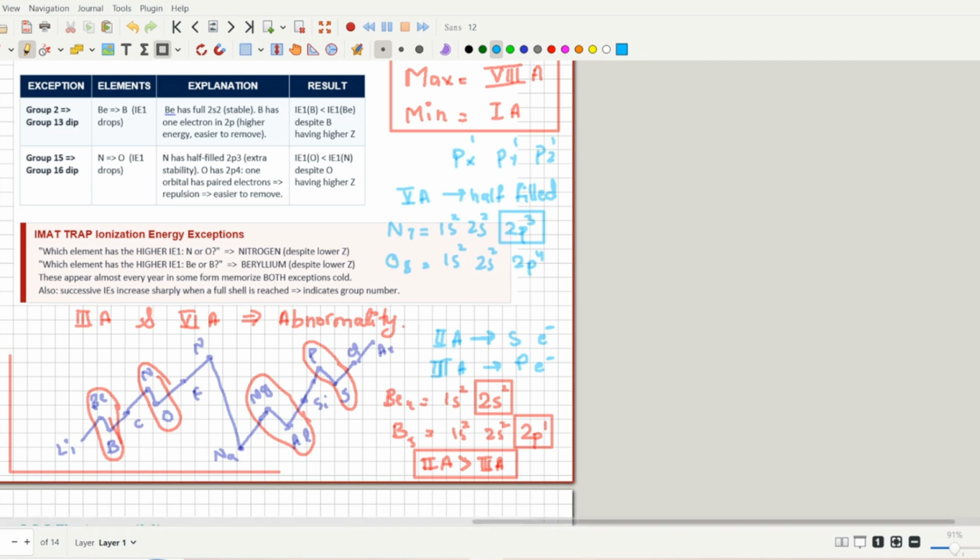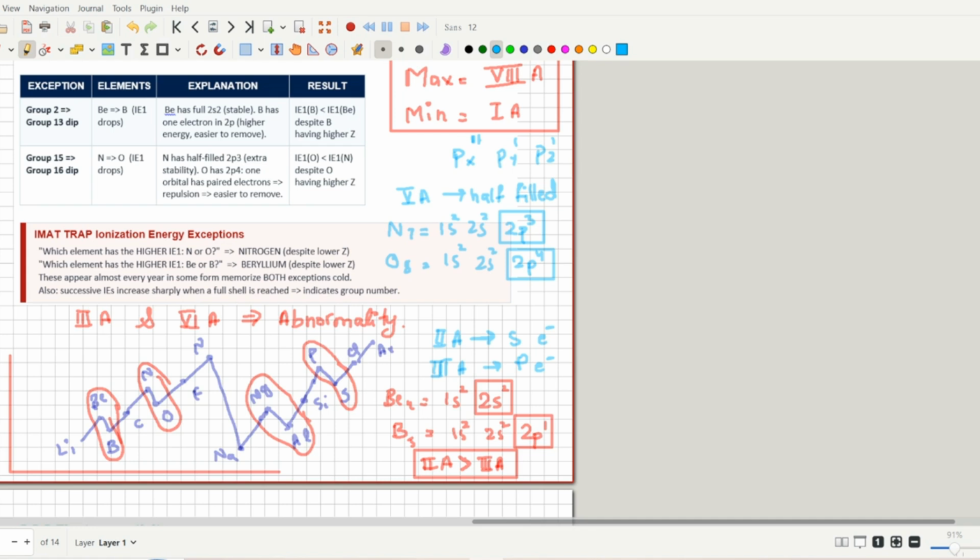As you can see, the problem here is that the oxygen atom does not have a half filled subshell. Instead it has 4 electrons, so one electron will pair up in px for oxygen. Then px of oxygen will have 2 electrons, while nitrogen will have 1 electron in px.